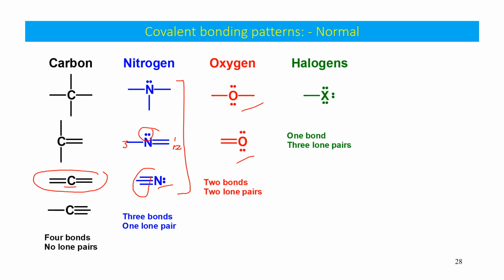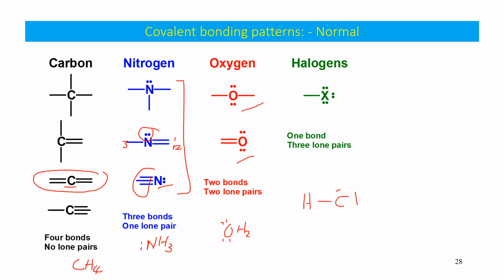How I usually think of it is this. If I think of the hydrogen compounds of these, so for example, methane, CH4, ammonia, NH3, water, H2O, and of course, a hydrogen halide of some sort. Say, for example, hydrogen chloride.